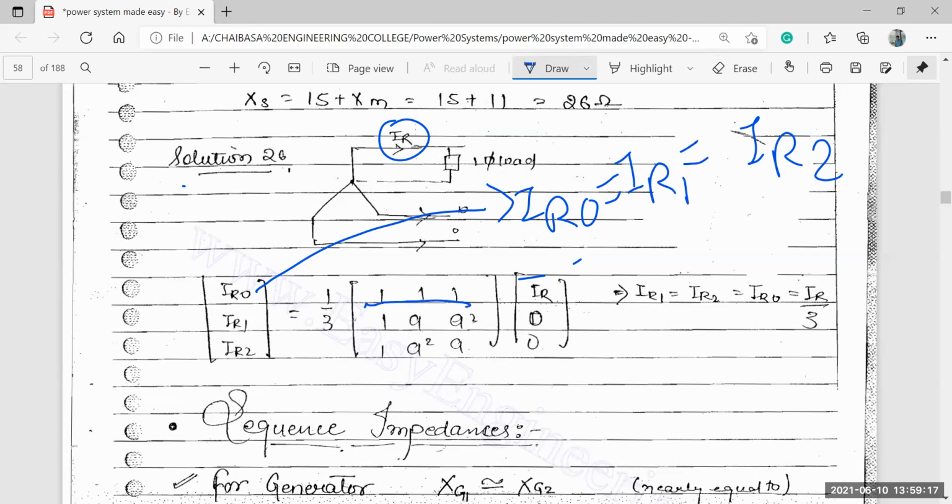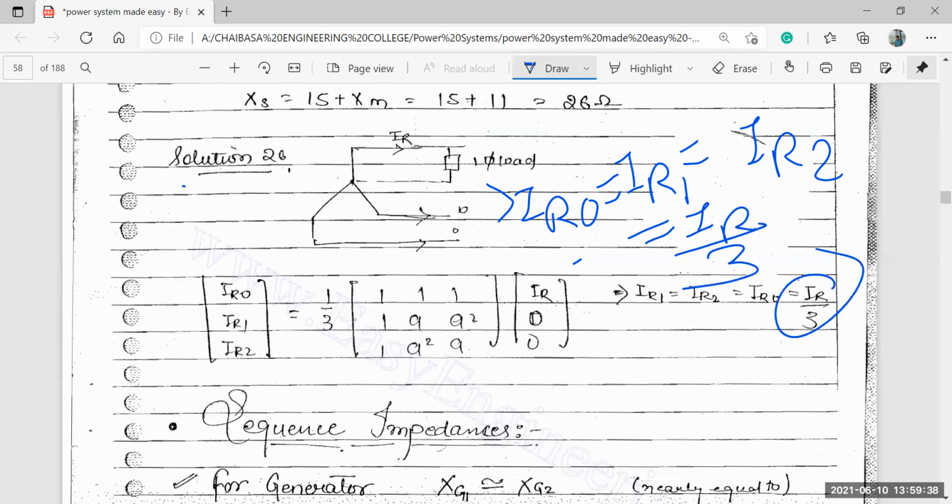If you multiply with this factor, we'll get only IR by 3. See over here, IR by 3. Only this data you will get.